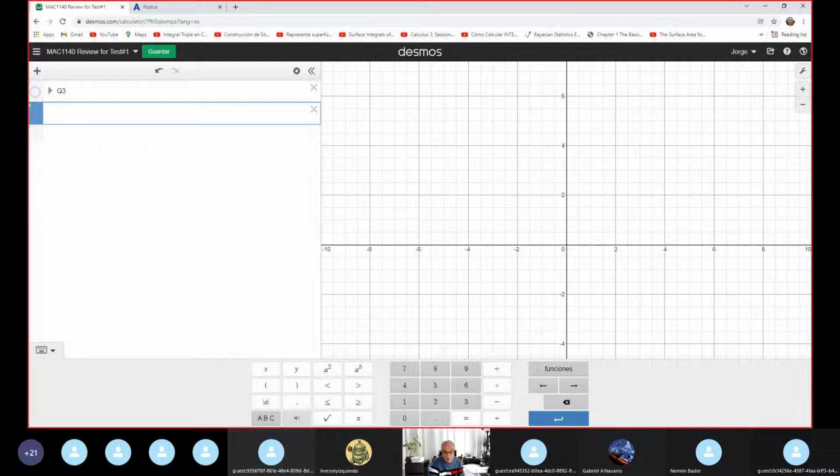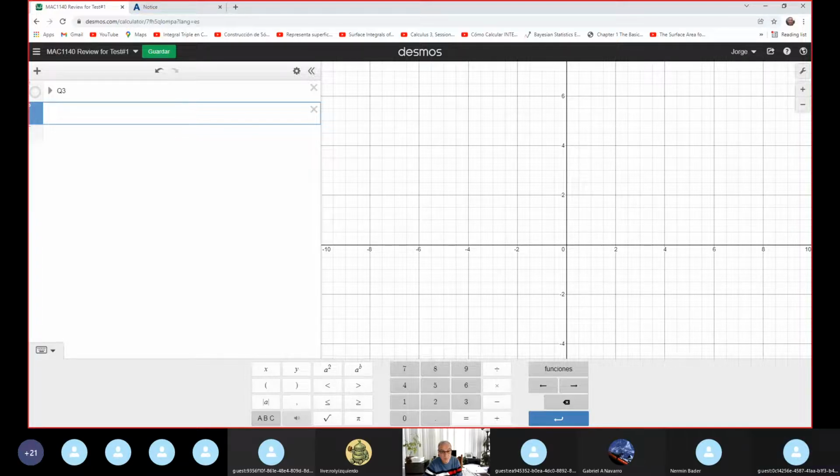This is understandable. Okay, super. Question 4 says do the graph of that function f of x equal. This is the whiteboard, right? No, it's the Desmos.